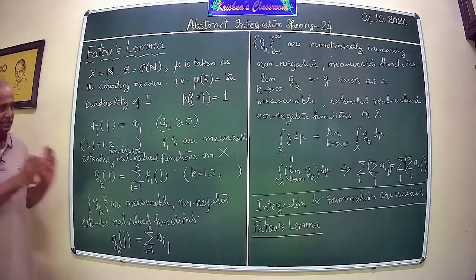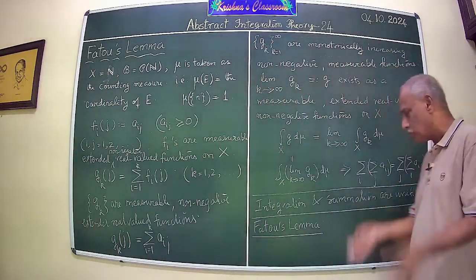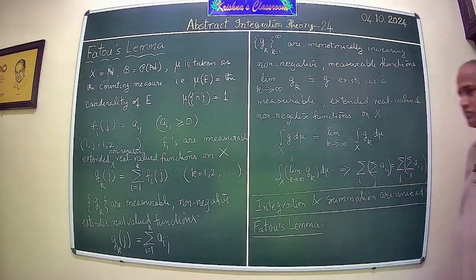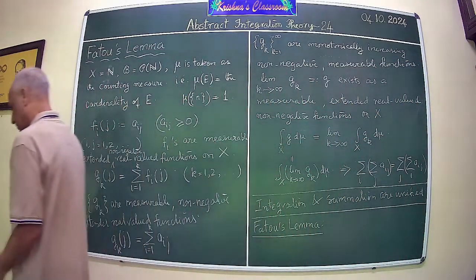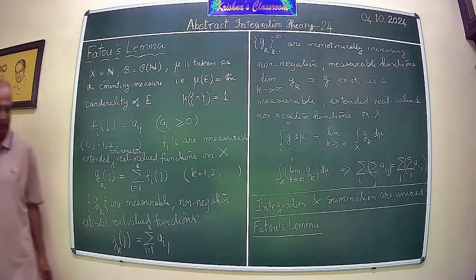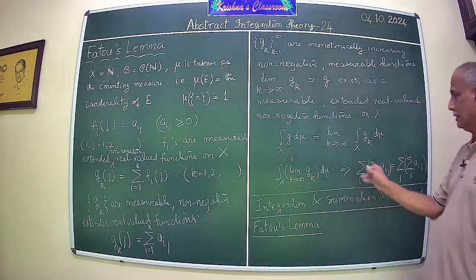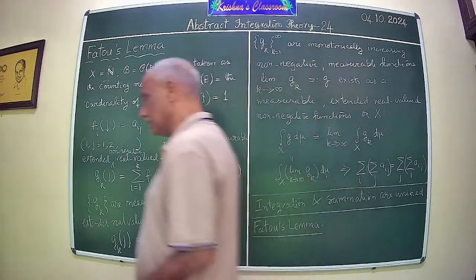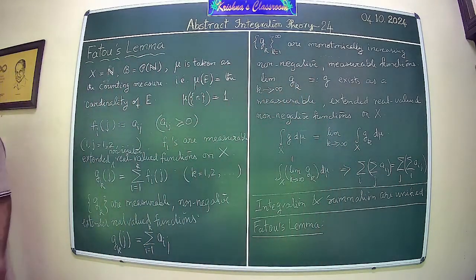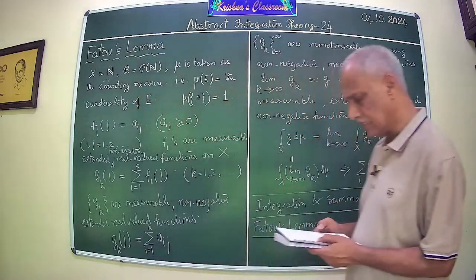So only under that circumstance we have proved this. Now you ask the question, suppose you drop this condition. What can you expect? We have seen an example where if you drop this condition, you cannot expect equality in all cases. There are situations where the equality is replaced by a strict inequality. Now which way does the inequality go? This is what is discussed in Fatou's lemma.